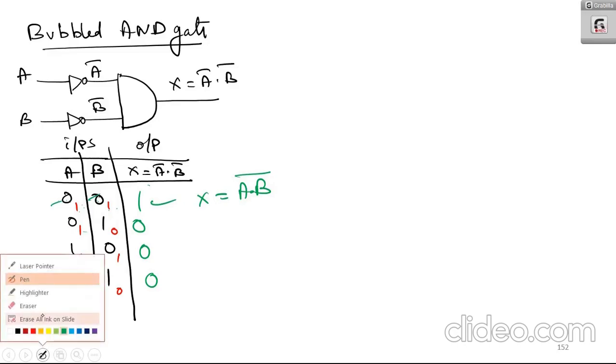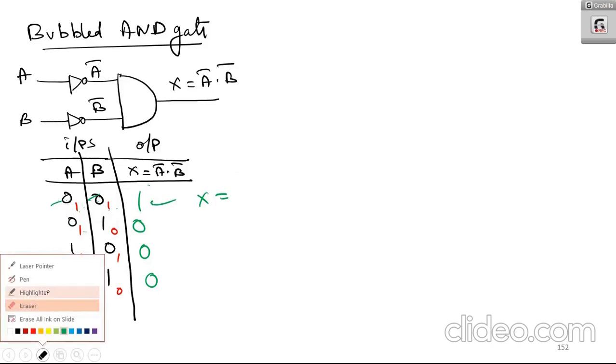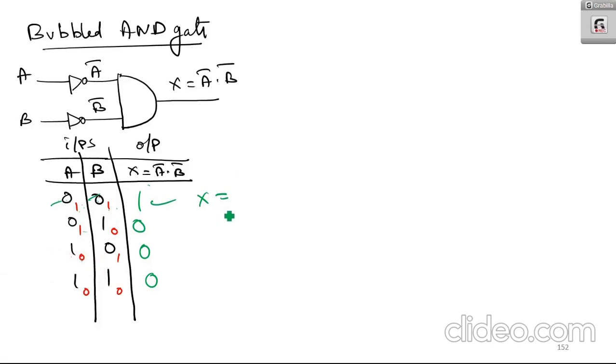So I will give you the other formula for it. That is, we can write it as A or B the whole bar. You can write it as A or B the whole bar. That is the right one. X is equal to A or B the whole bar. Okay. That means here what happens in the first case?